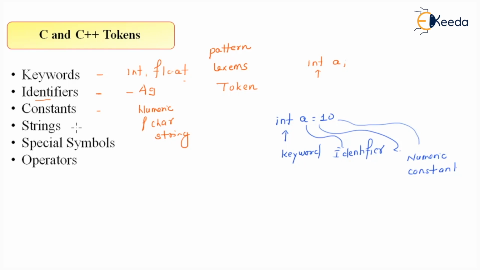A string is basically anything between double quotes, between the opening and closing quotation marks. Whatever you write there will be treated as a single token. The string is a single token.